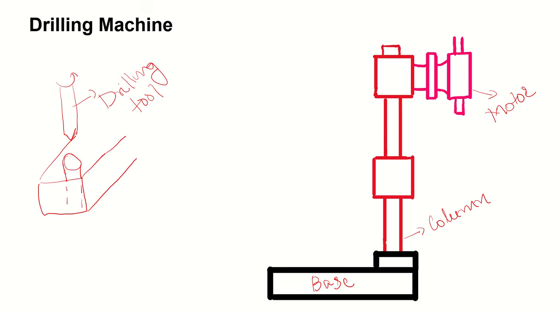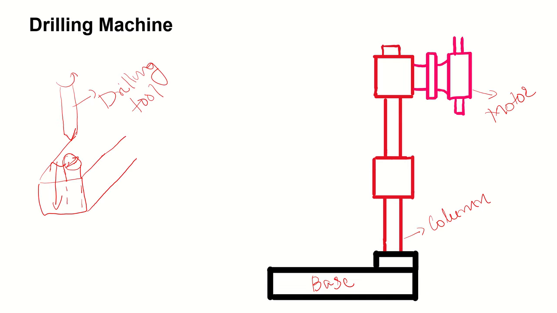Depending upon the depth of the hole, or the diameter of the hole, or the type of material on which the hole needs to be drilled, we need to rotate the tool at a specific RPM.